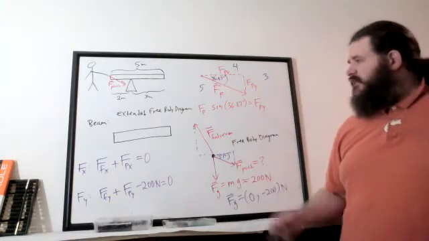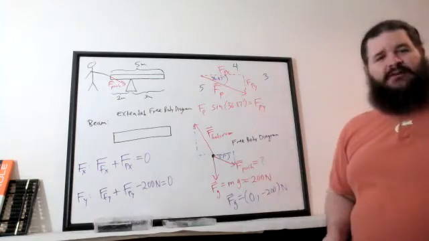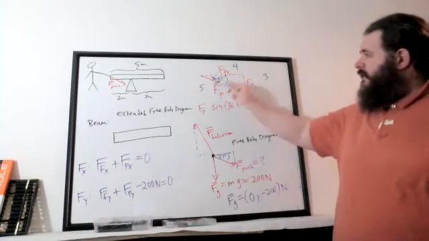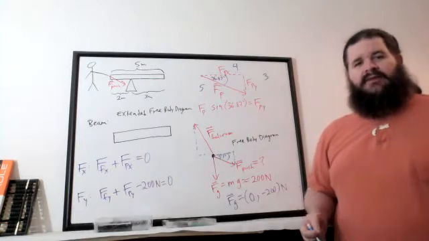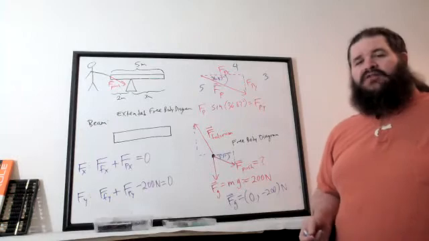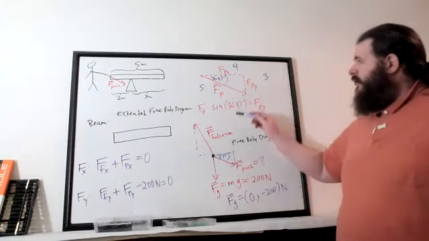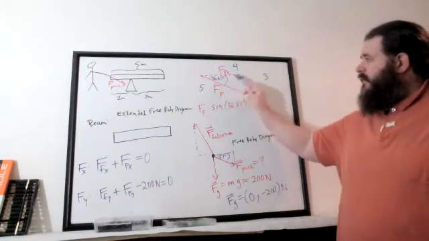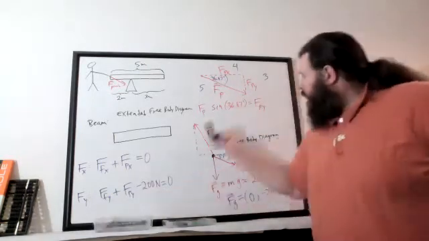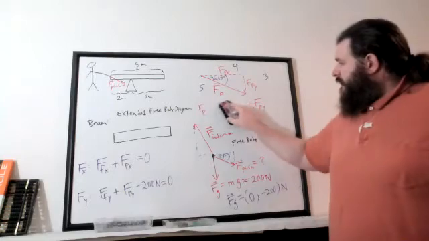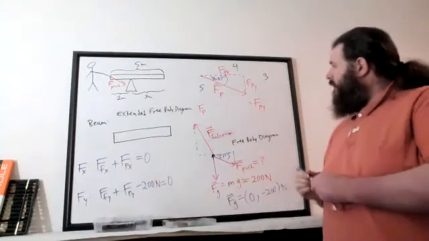In fact, this essentially just tells us what sine of 36.87 degrees is. Since the 3, 4, 5 triangle has a 36.87 degree angle, any right triangle with that same angle has the same ratio. Sine of 36.87, opposite over hypotenuse, is 3 over 5. So we know this sine of the angle can be just written as 3 over 5.